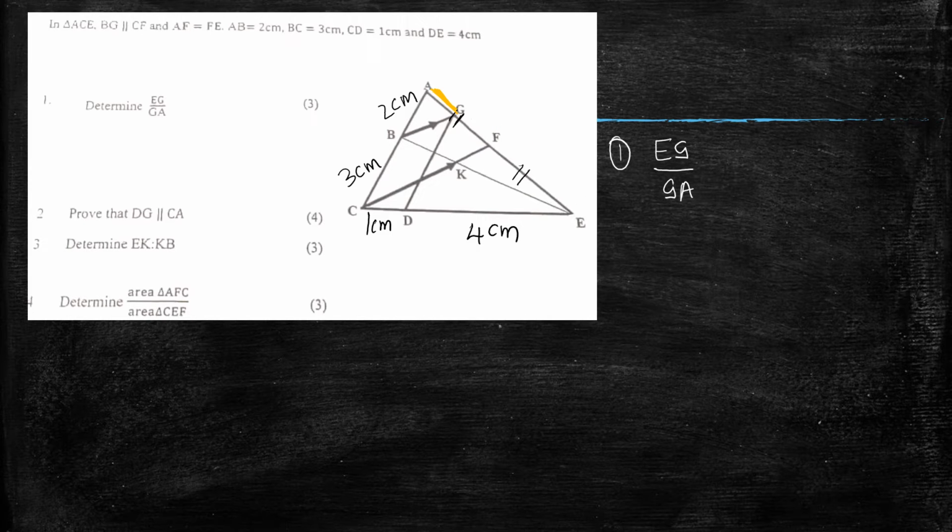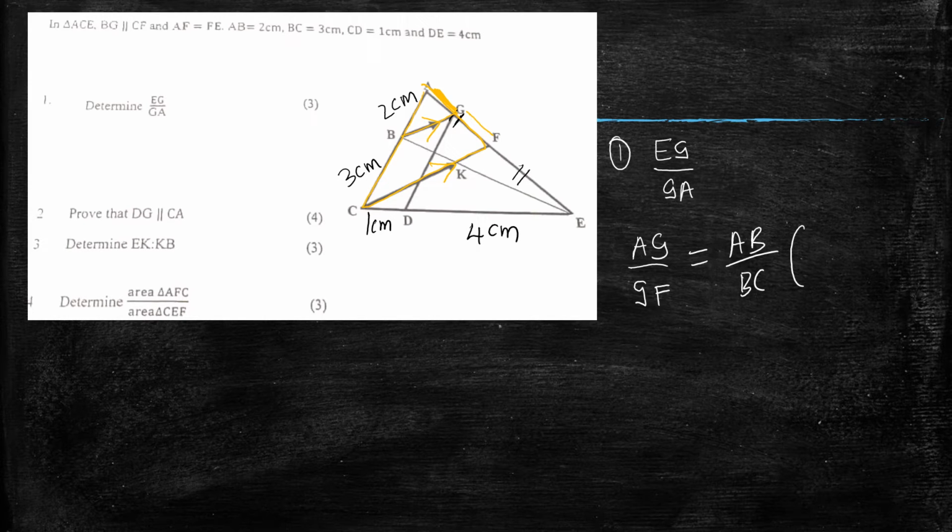Okay, so to get GA, we're just going to use this triangle here. Can you see? Because there's a line drawn parallel to one side of a triangle, so we can get GA over GF, right? Because we have this side, we have this side, so we can get that one. Okay, so our first step will be to calculate GA. So we're gonna write AG over GF is equals to AB over BC.